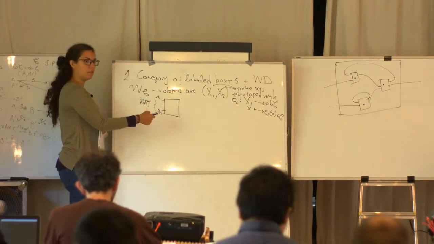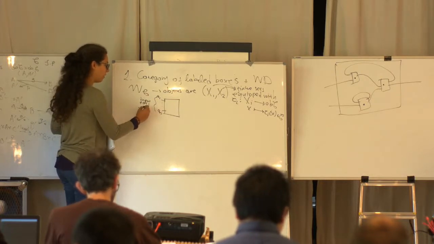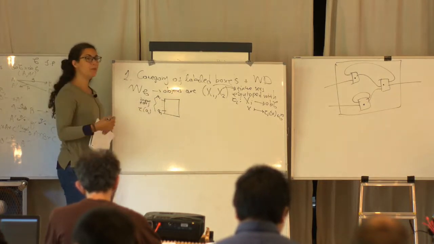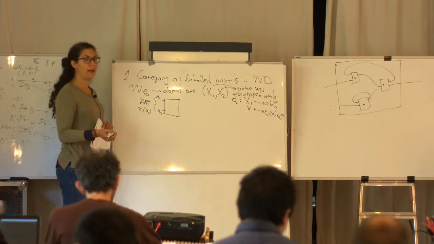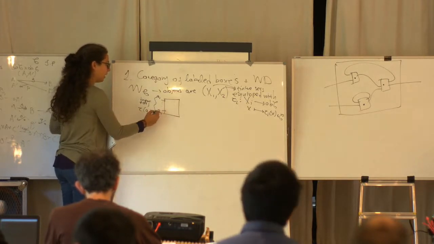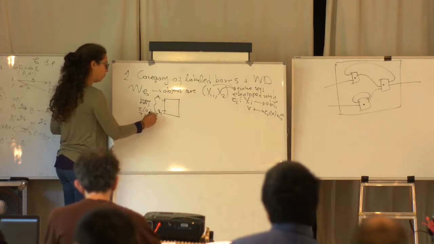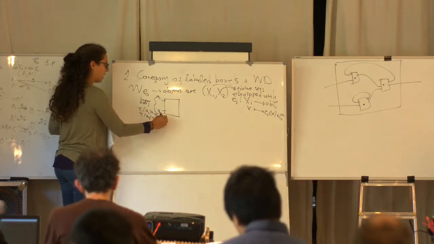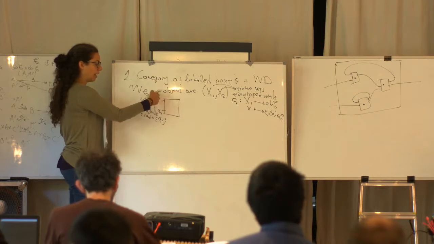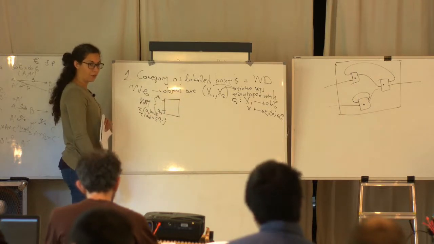And not only are these elements of a finite set, but every one of them comes associated with a type of information that can pass through that wire. For example, this can allow integers. Tau of b can allow booleans or something, okay? And then this just says what information I can allow this wire to carry around.